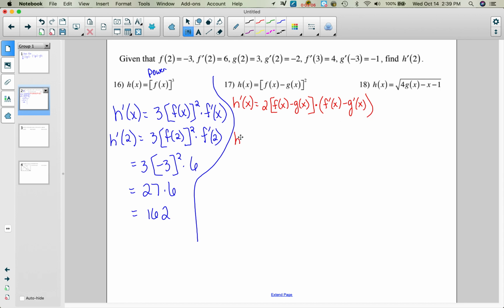Now I'm ready to plug in a value. So I'm going to have 2, and I'm not going to rewrite it. I'm just going to do f of 2 is -3 minus g of 2 is 3 times f prime of 2 is 6 minus g prime of 2 is -2.